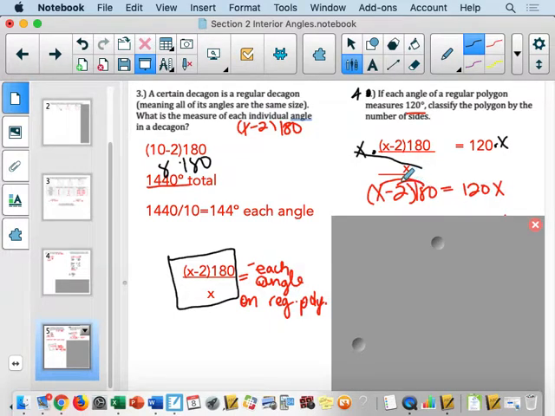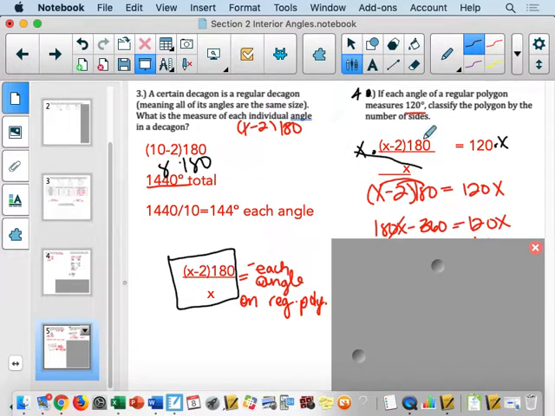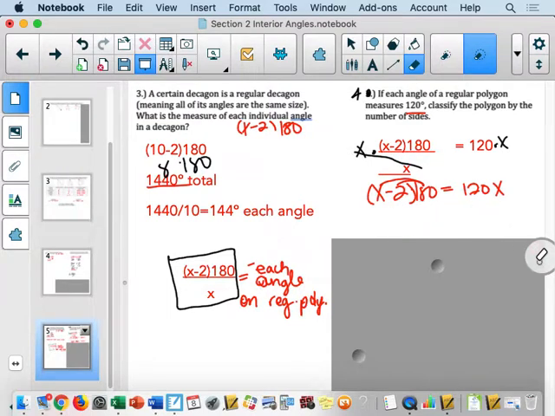We have to distribute the 180. 180 times x is the 180x that we talked about earlier, minus 360.